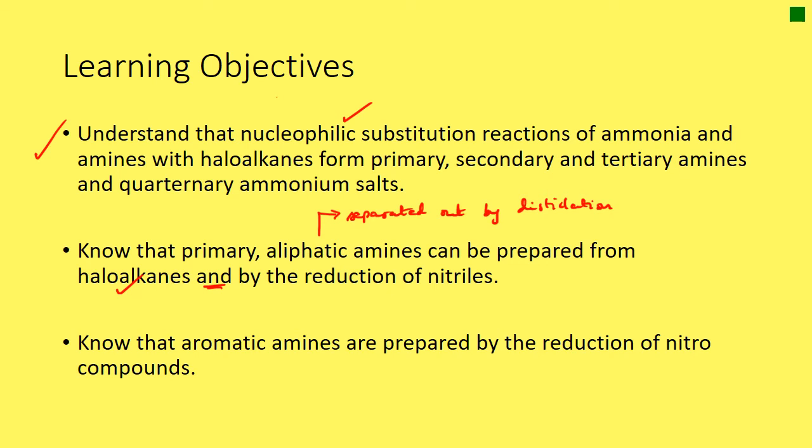And so we know that we can make primary aliphatic amines by reacting ammonia with haloalkanes, but also we need to know we can prepare them by the reduction of nitriles. So that's what we'll do in the next slide, before we go on to our last learning objective.